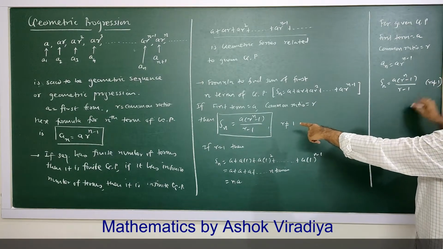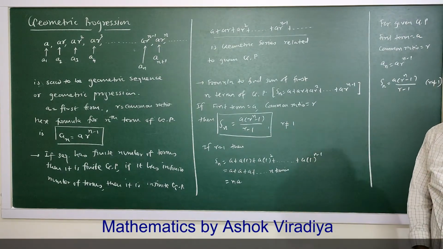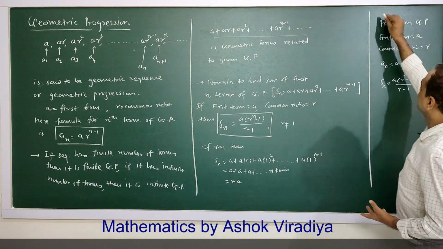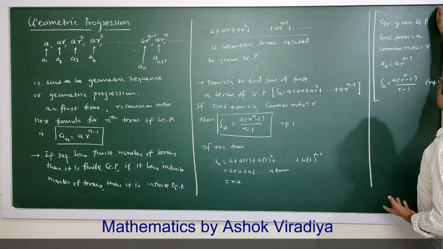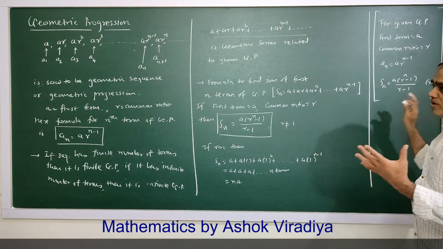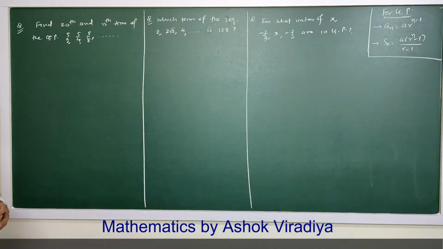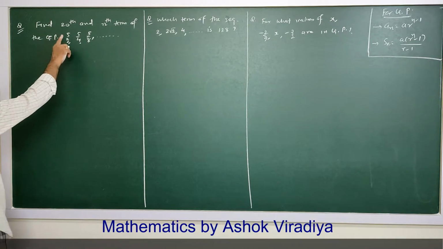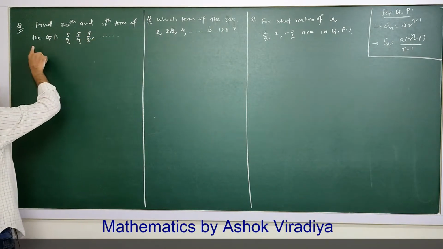Here r is not equal to 1. So we are doing now questions on these two formulas. Now questions: find the 20th and nth term of GP.